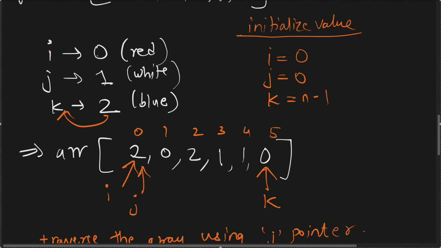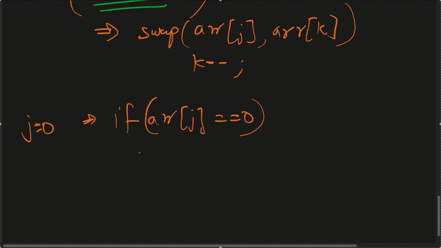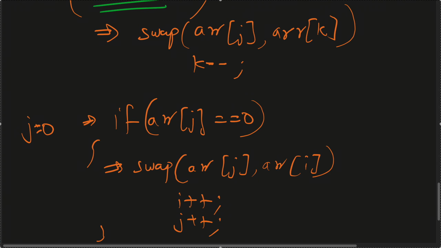It is the i pointer that represents 0, but we are encountering j, right? So we will swap array of j with array of i, and when we swap, we will increment i and also increment j, right?